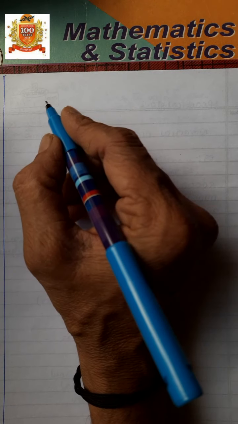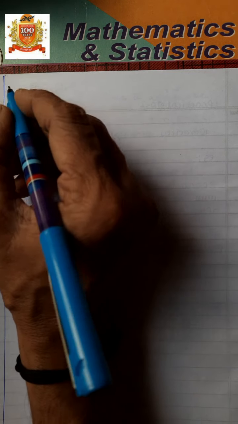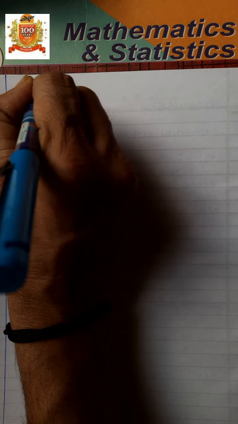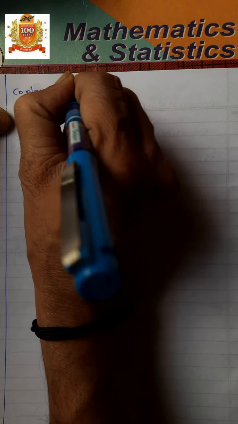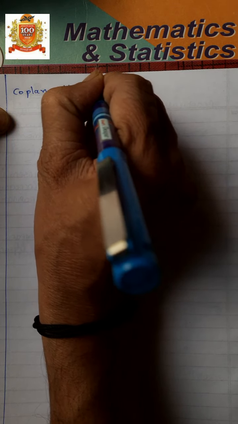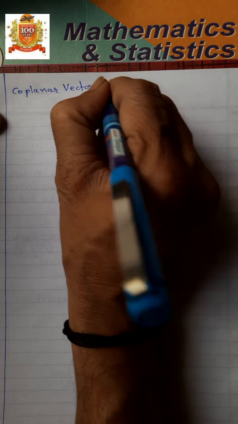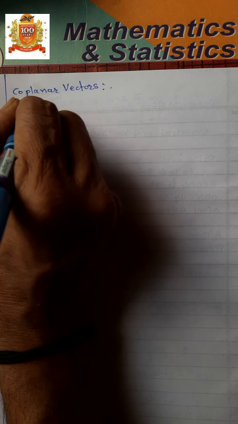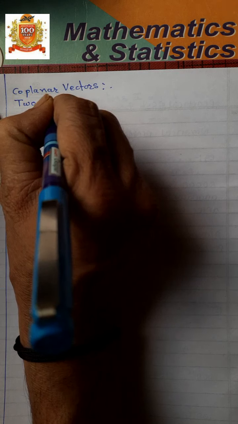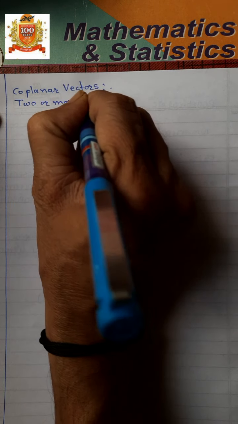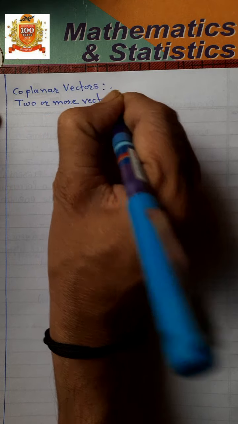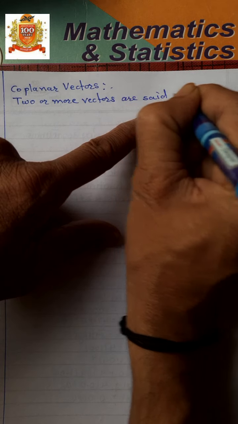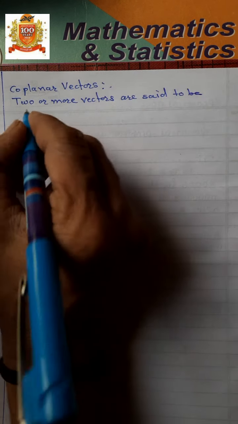Before seeing theorem number 2, let us see what is meant by coplanar vectors. We define coplanar vectors as two or more vectors.